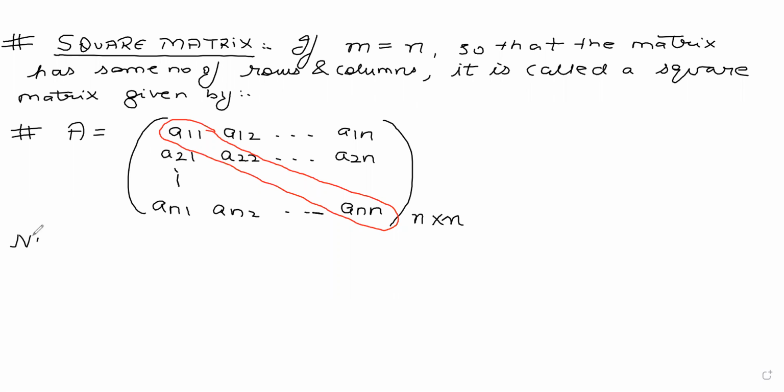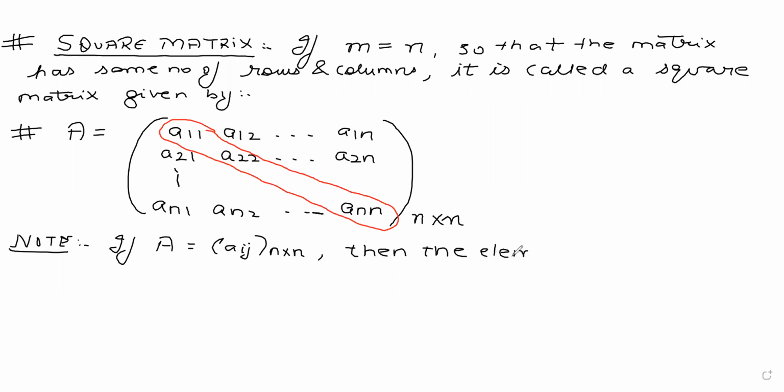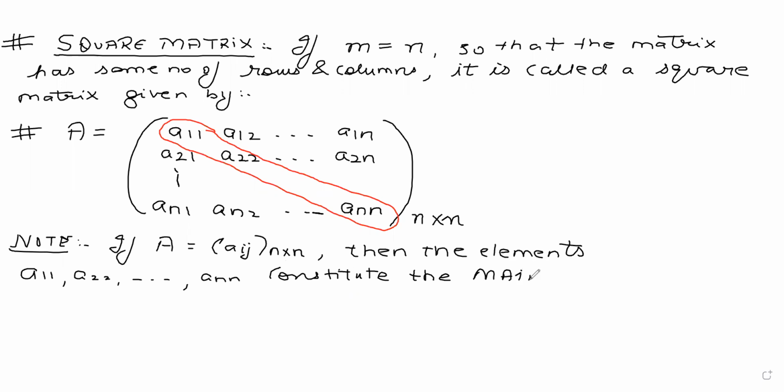So all of us can quickly write a note. If my matrix A is equal to Aij, which is N cross N, then the elements A11, A22 dot dot dot ANN constitute the main diagonal of the matrix.